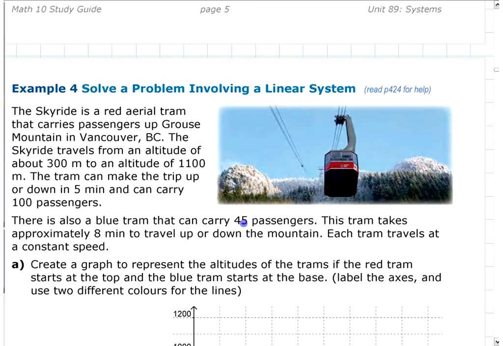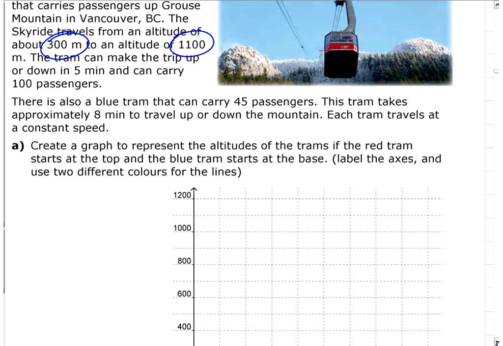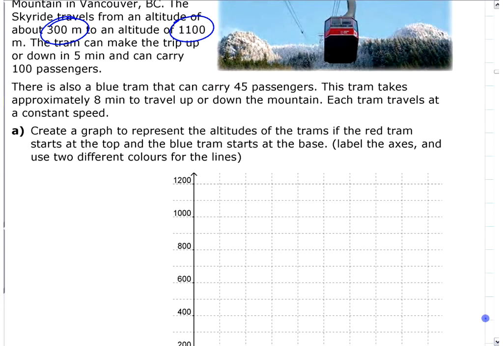For this, I guess we might as well really quickly look at this right now. This tram that goes up Grouse Mountain travels from 300 meters up to 1,100 meters. The grid's already set up here for you. If you're going from 300 meters up to 1,100 meters, there's also another tram, a smaller one that takes 8 minutes to go from the top to the bottom.